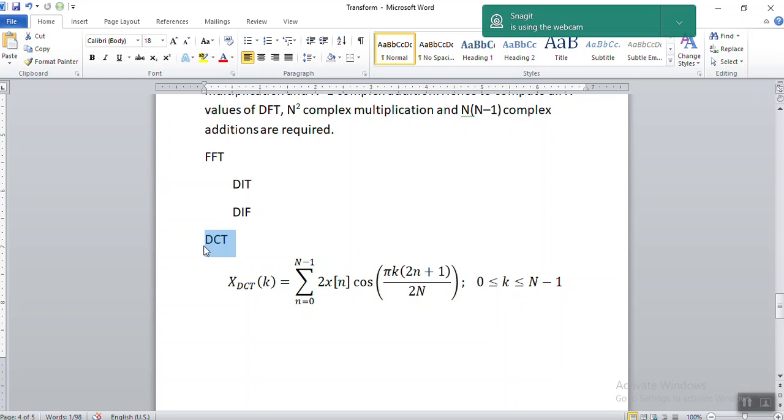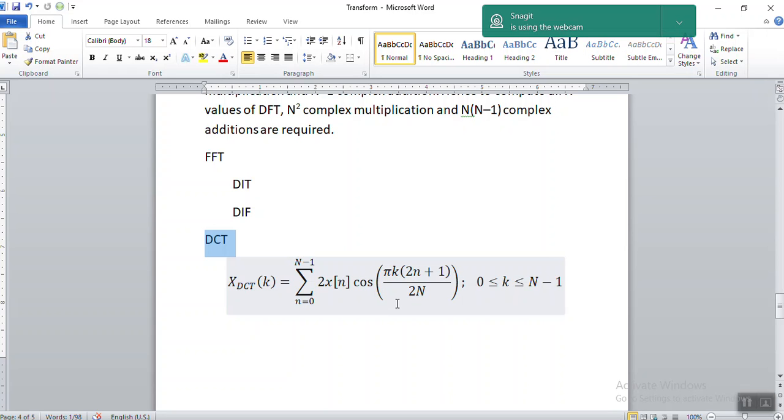There are primarily some advantages of DCT. Number one, the DCT coefficients are purely real, as I mentioned, because it involves only the cos terms. The second advantage of the DCT is that it has a near optimal property for energy compaction.